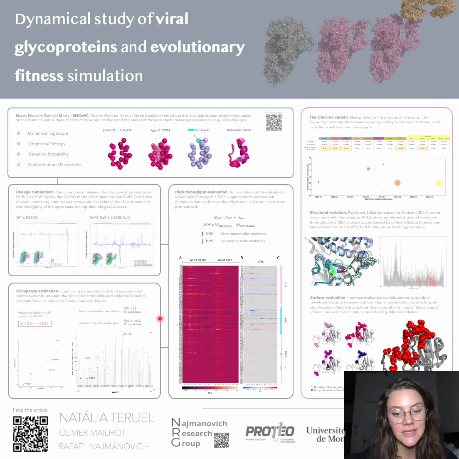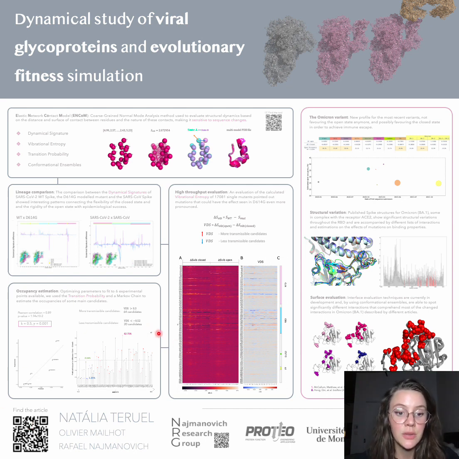This open occupancy estimation was made coupling this transition probability with a Markov chain, and we optimized two parameters, one for the transition probability and one for the Markov chain, using the 6 experimental points that we had available at the time. At this time, this 614G theory on why it was successful had already been experimentally proven.